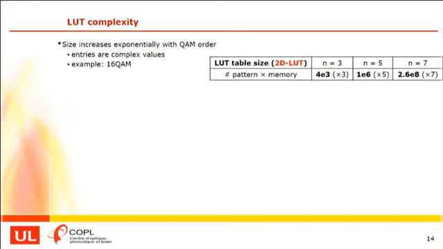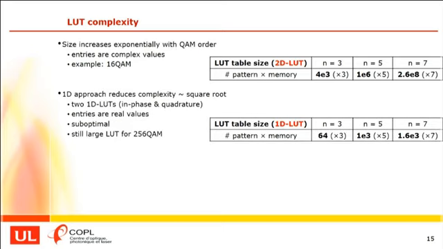And if we consider a square constellation where the symbols have complex values, this also leads to large size. And in the table here, I just look for different memory depths for 16 QAM, for instance, what the size of those lookup tables would need to be. So one way to reduce the complexity of the lookup table is to use, instead of a complex two-dimensional LUT where I look at the I and Q coefficients, that I treat the I separately from the Q in two different lookup tables.